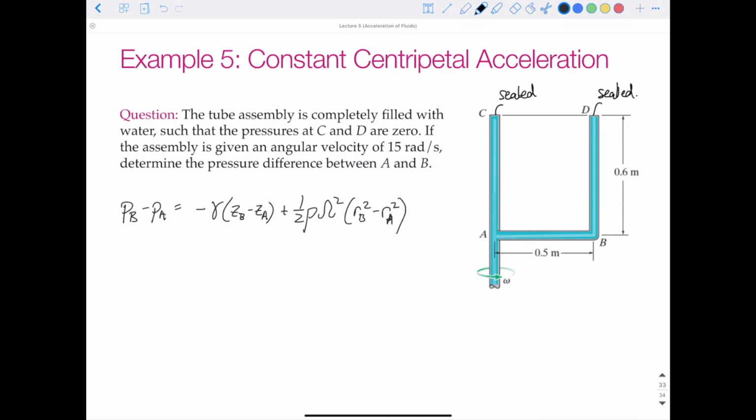So that's our pressure equation. Now all we need to do is figure out what on earth ZB, ZA, RB, and RA are. Start with Z. Or maybe it'd be easier, what's ZB minus ZA? What is the difference in the height of the water column above point A and above point B?